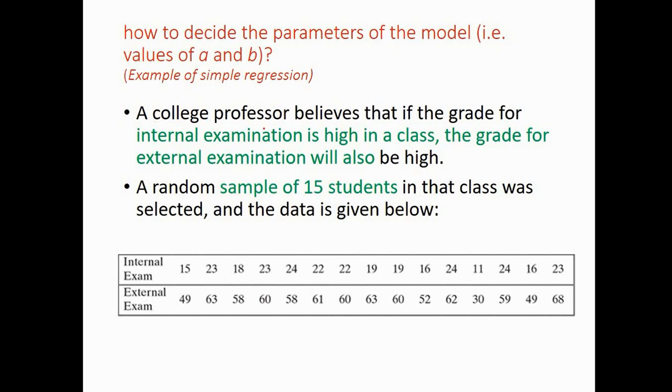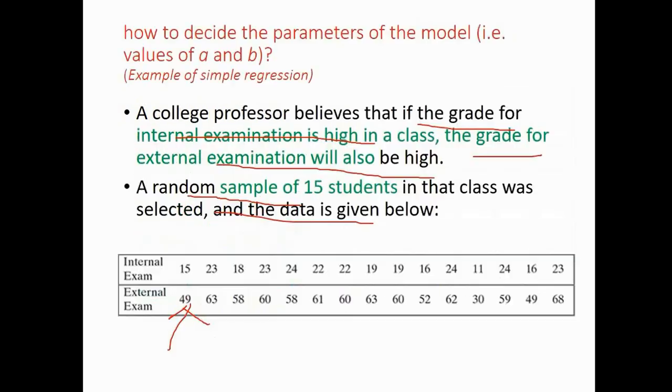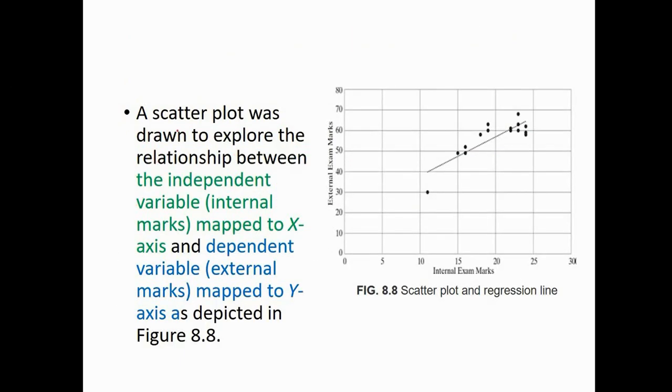Consider a college professor believes that if the grade for the internal examination is high in a class, the grade for the external exam will also be high. Consider there are 5 random students whose internal and external marks are given to the model. From this model, the professor wants to find out what could be the external marks of a student given the internal marks. The scatter plot was drawn to explore the relation between these internal marks and external marks.